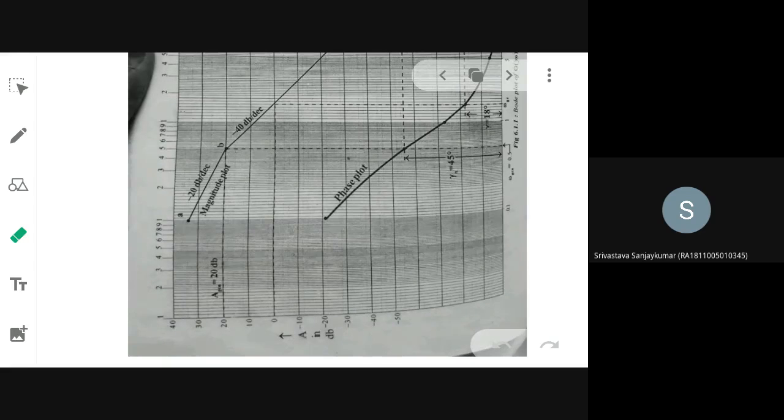This is the reason why I am saying the Bode plot concept is very, very important, because you have already learnt this in the third unit. Now in this unit also, all the problems will use the Bode plot. Lag, lead, everything you will do with the Bode plot. When it comes to lead compensation, you will draw a double Bode plot.